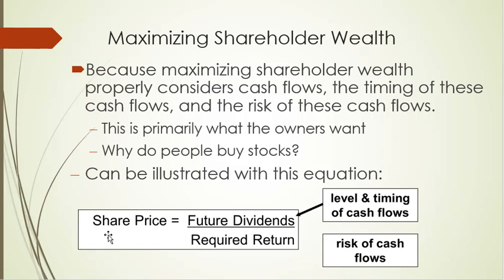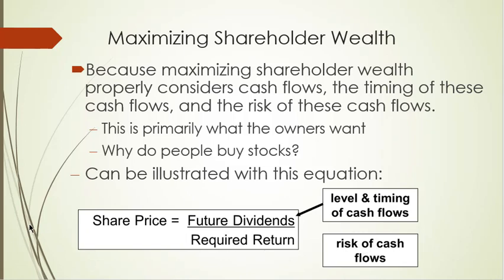And we have a very simple formula here where the share price is essentially the future dividends, these are cash flows, right? Divided by required return. And this basic concept basically says that the value of share prices, the value of any asset, quite frankly, is related to the level and timing of cash flows, and it's also related to the riskiness of cash flows.